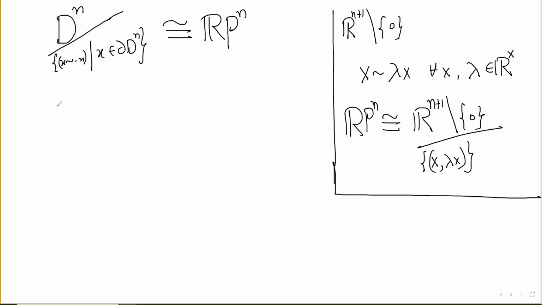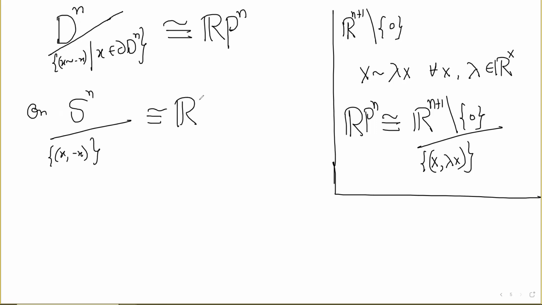On S^n, right. So this also gives you RP^n. Are you assuming this or you're going to prove this? Okay, right, so let's assume this for the time being.